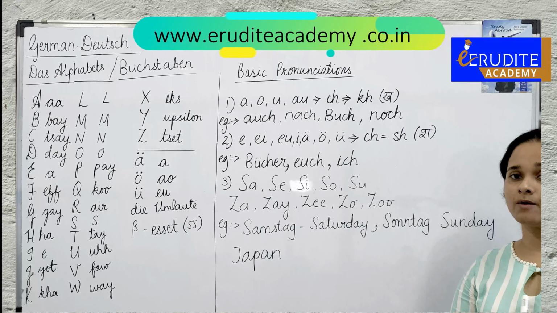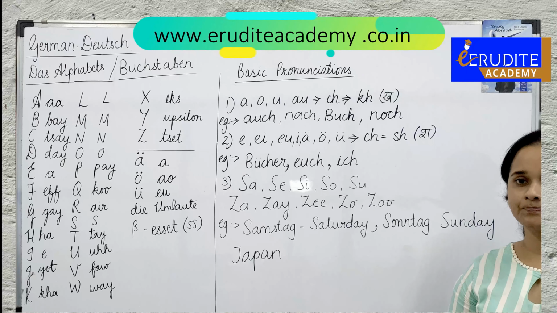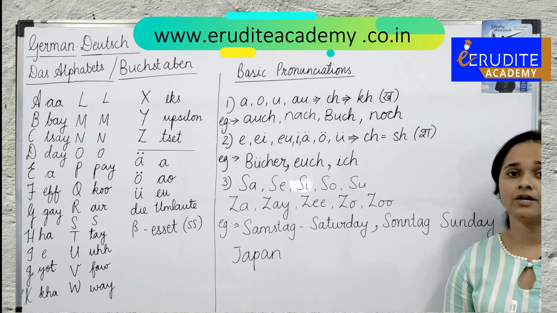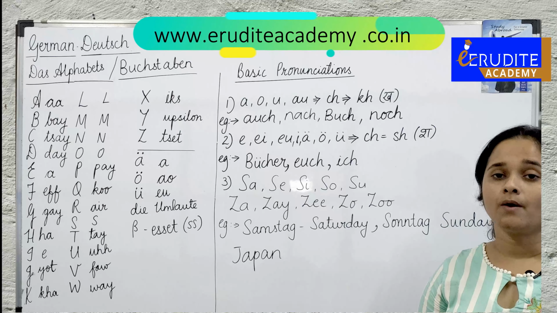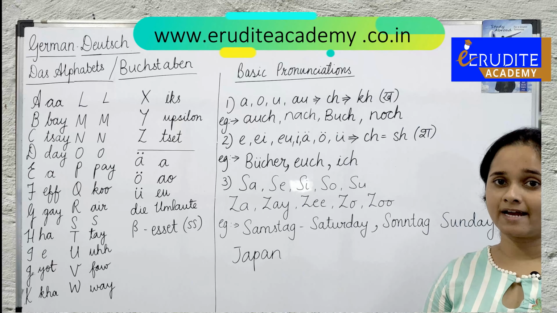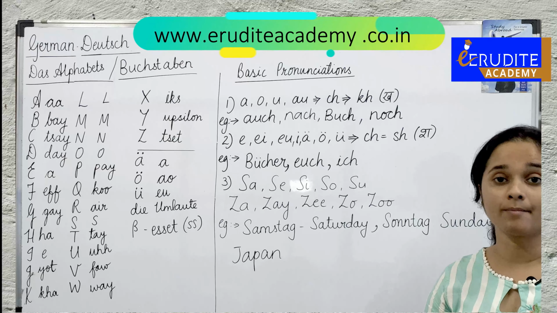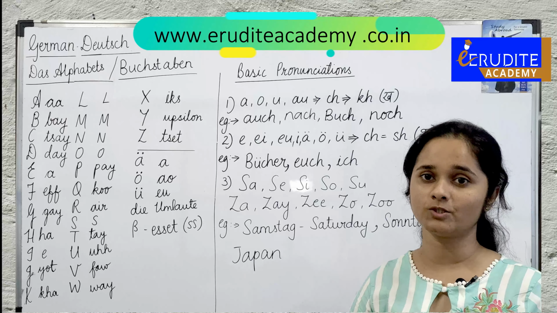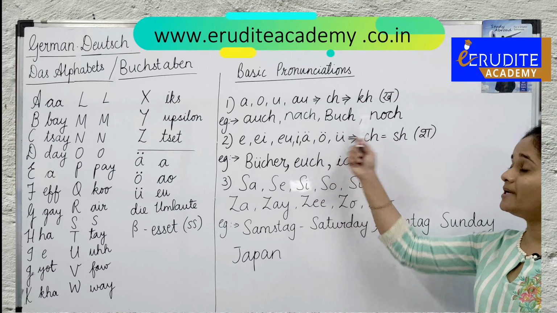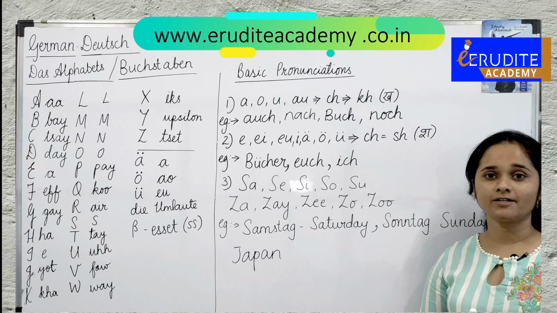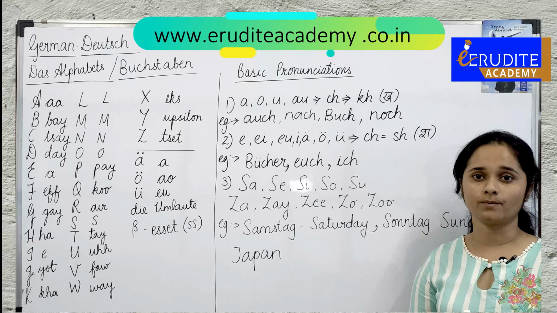One more thing I would like to explain here is that you see all the other words written in small letters. One more important thing is that when you are learning the language, you should also know the grammar rules, which is called Grammatik in German. You see B-U-C-H, the first letter is written in capital. Why so?